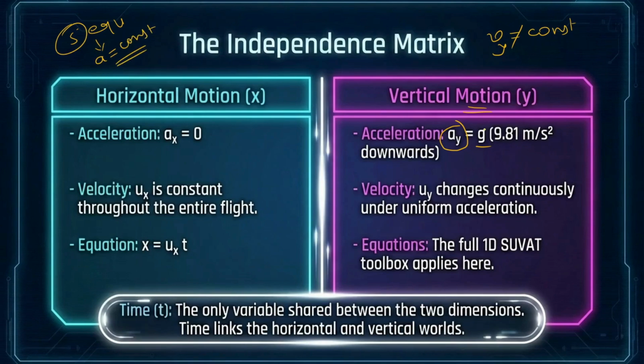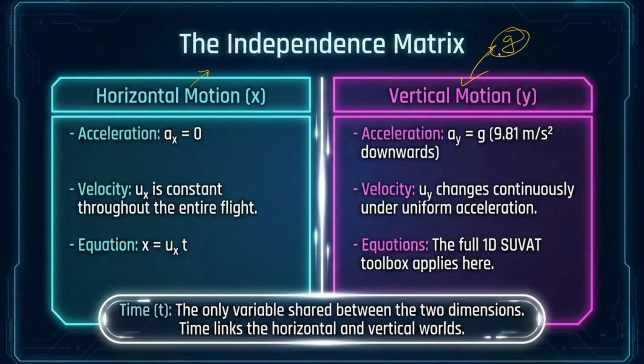So here a means g, which is constant near the surface of the earth. So here we use this kind of equation. The basic difference is that horizontal motion is not affected, because there is no force in the horizontal direction, but in the vertical motion there is a force called gravity constantly acting on it.